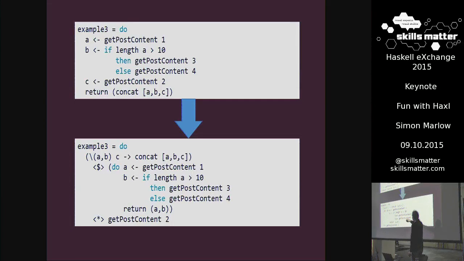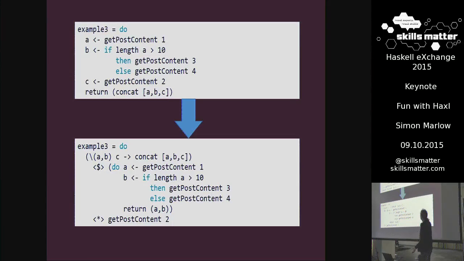The first argument is going to return a pair of A and B. The second argument returns C. And the first argument is a sort of smaller do expression made from the first 2 statements, because we noticed that the second one depends on the first one. So we just made a smaller do expression here, and it returns the pair of A and B, because we noticed that A and B are required by this result here. And the second argument is just get post content 2.